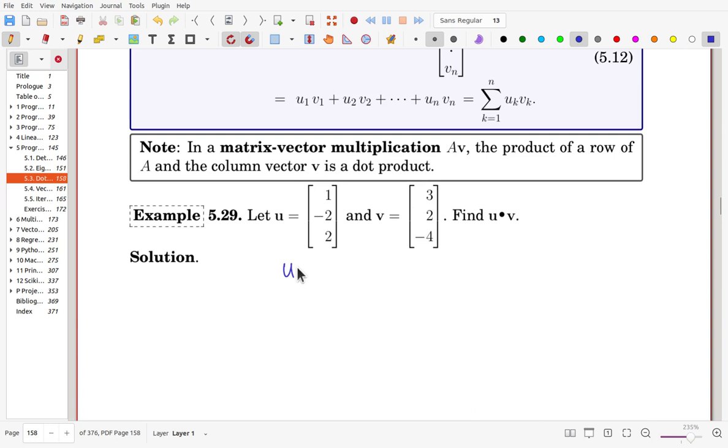We multiply the corresponding values: 1 times 3, from second entries minus 2 times 2, from third entries 2 times minus 4, and we sum those numbers. Then 3 minus 4 minus 8, so we have minus 9. That's the final answer. Quite simple, right?